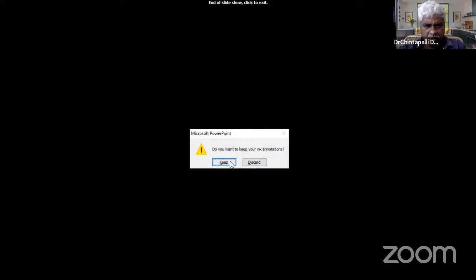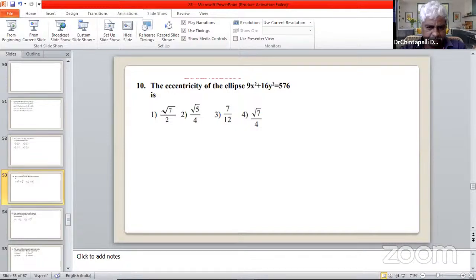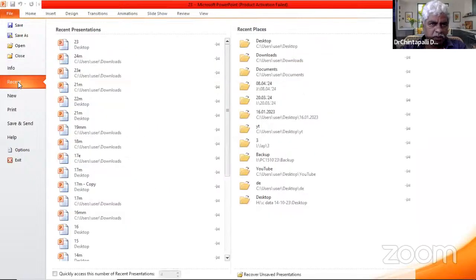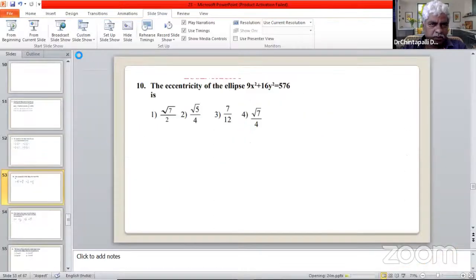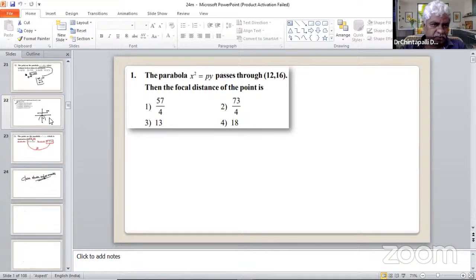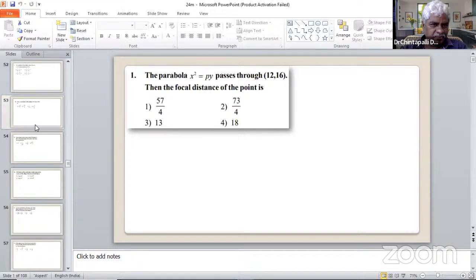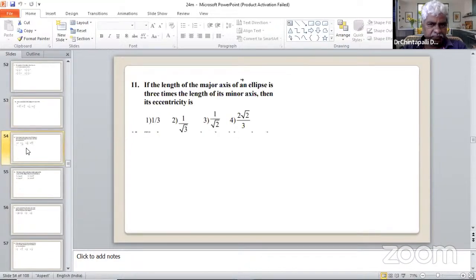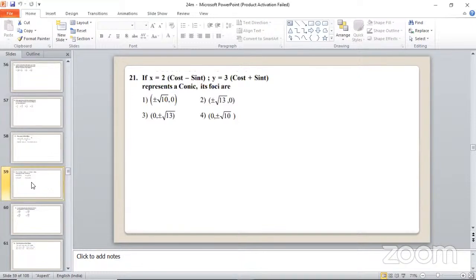I'm afraid the slides might be lost, but they are there. It's 2 root 2 by 3, no, sir.